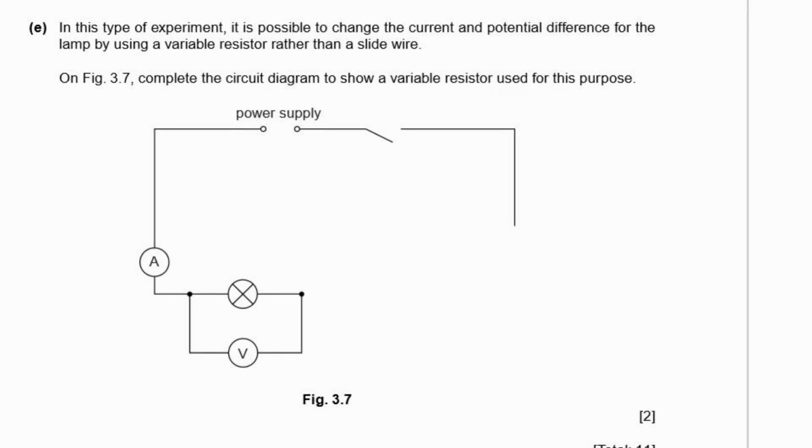In this type of experiment, it is possible to change the current and potential difference for the lamp by using a variable resistor rather than a slide wire. On figure 3.7, complete the circuit diagram to show a variable resistor used for this purpose. Okay, so just completing the diagram. Here we go. Resistor, variable resistor.